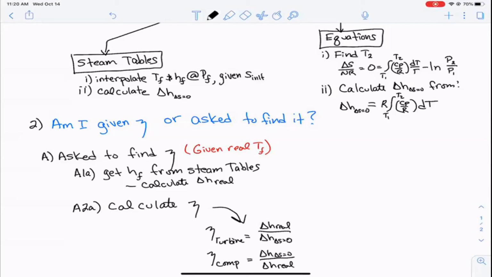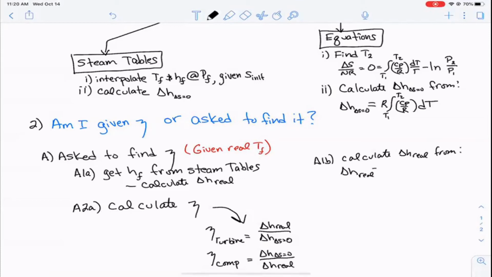Now, if we have equations, right, instead of the steam tables, well, we'll call that maybe A1B, we're going to use equations. And if we have the real final temperature, we actually can just calculate delta H real from the same equation that we have above, where delta H is Cp dT, right?